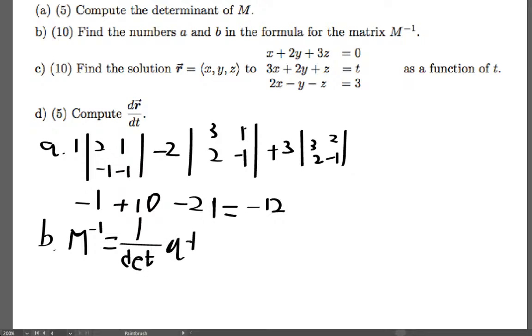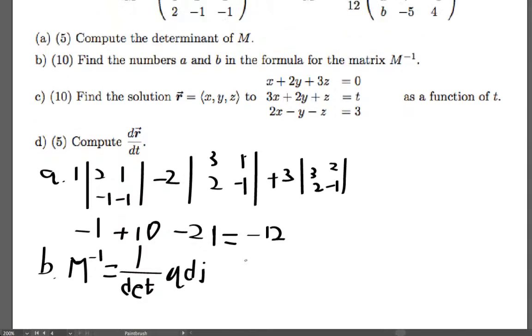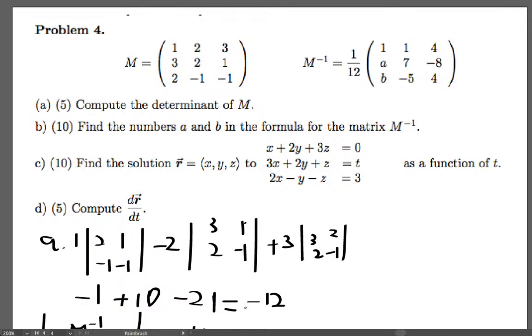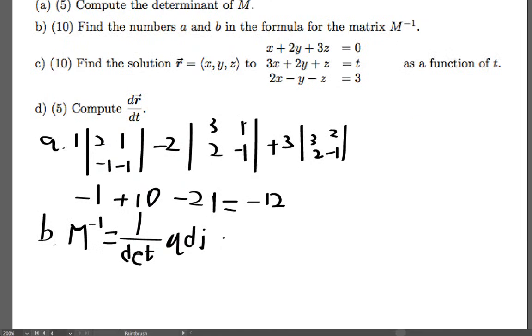Well, how do you calculate adjoints? I will later teach you. But instead, I'm going to do this a bit of the quicker method. So yeah, it's 1 over 12 of the negative adjoint.